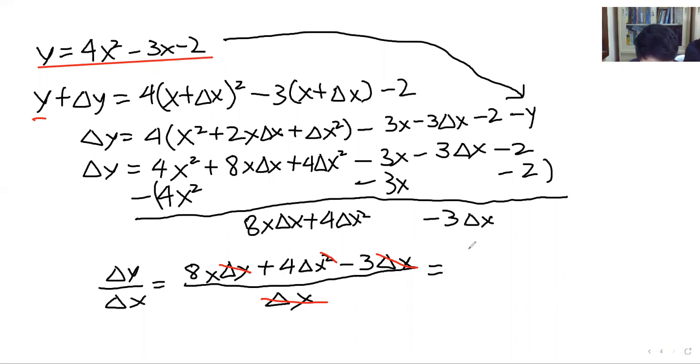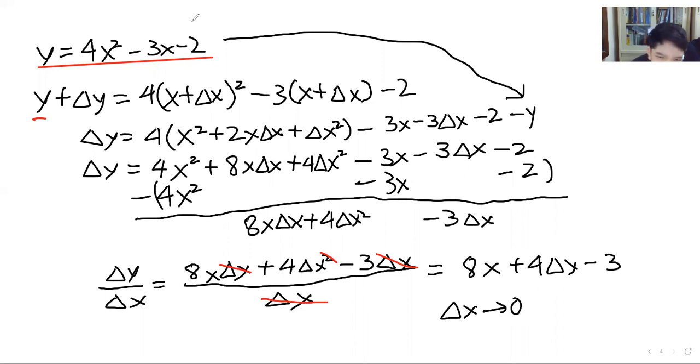Again, delta x will be approaching 0. So this one is gone. This one becomes 0. So cancel.